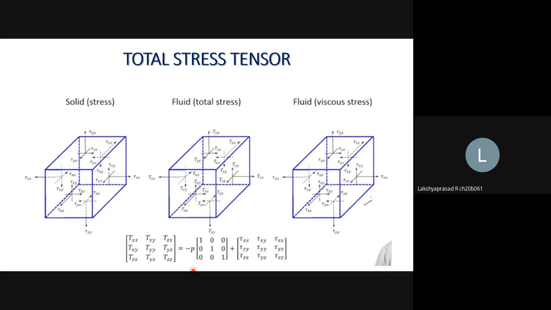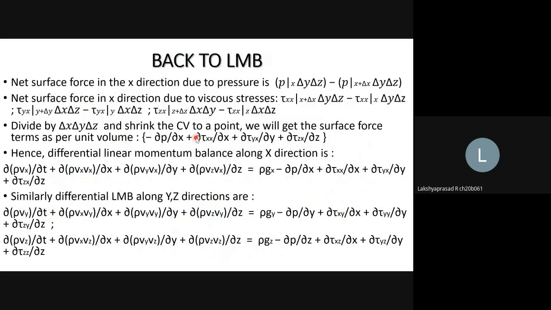Moving on. This picture simply explains whatever was shown in the previous slide. It is a very good representation of the pressure stress, viscous stress and total stress, as you can see. Let's get back to our aim of completing the linear momentum balance in the x direction. We were in search of the net surface force terms.